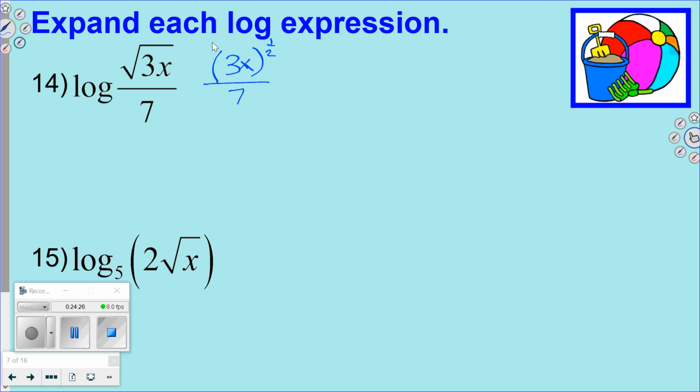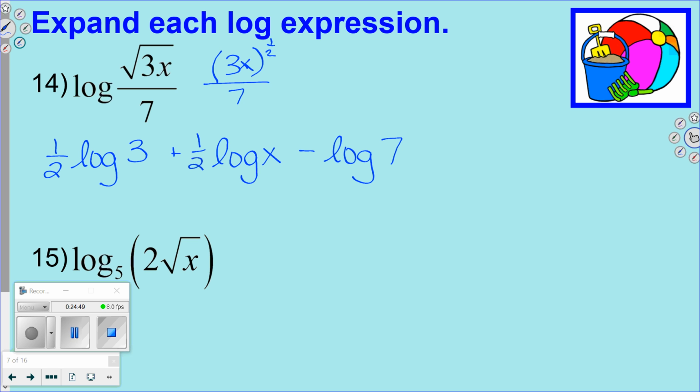So how many times will you write the word log? 3 times. So somebody talk me through what they think it is. Carrie? Very nice.